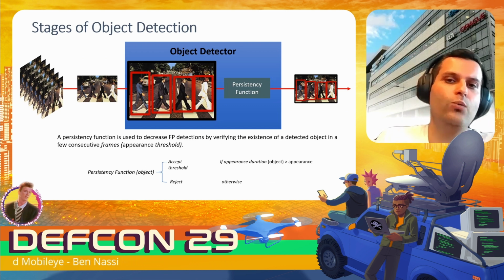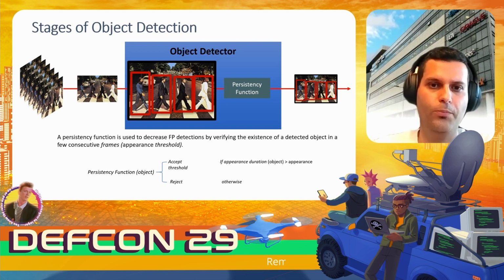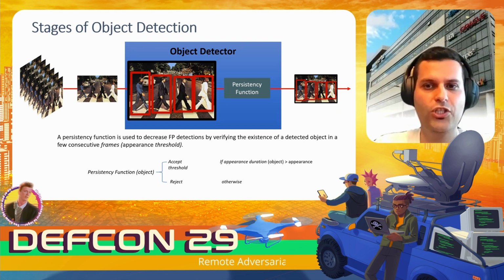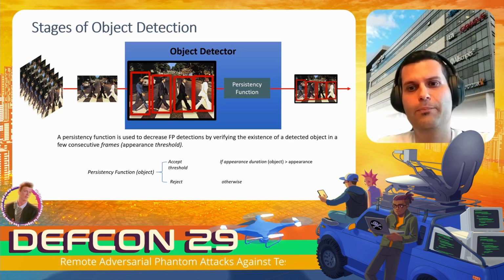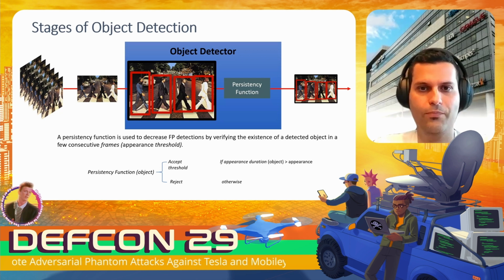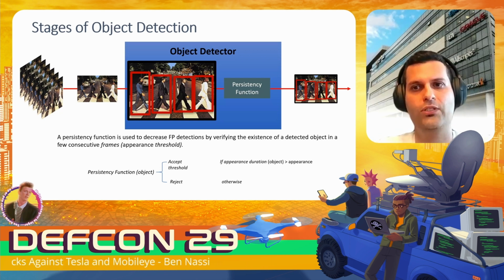Now, a persistency function works as follows. It receives an object and accepts the object if the appearance duration of the object is greater than a predefined appearance threshold. Otherwise, it rejects the object and considers it a false positive.